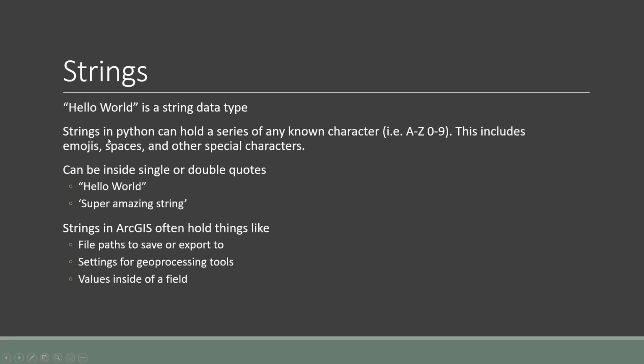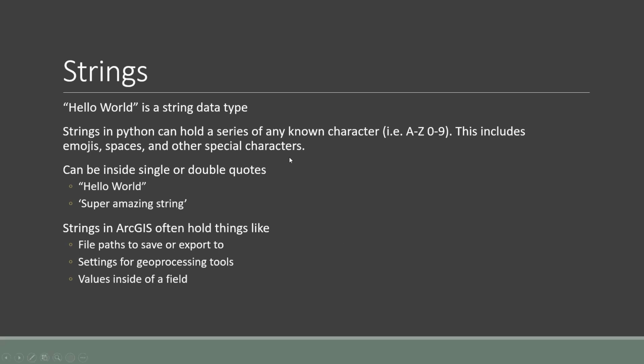Python 3 supports Unicode. I'm not sure how many of you have pulled a spreadsheet into ArcMap that was originally in Excel, but I think you will find that interesting Unicode characters will pop into it that you didn't know what they were.